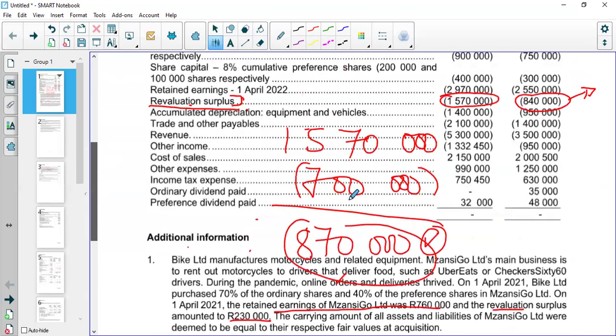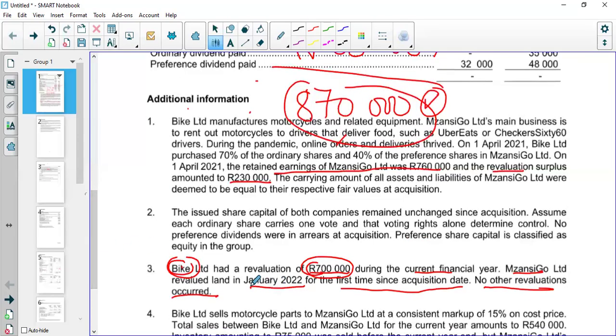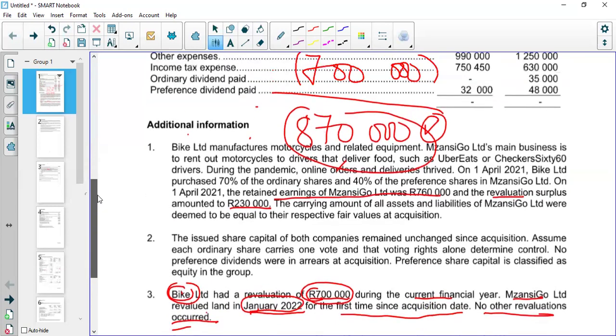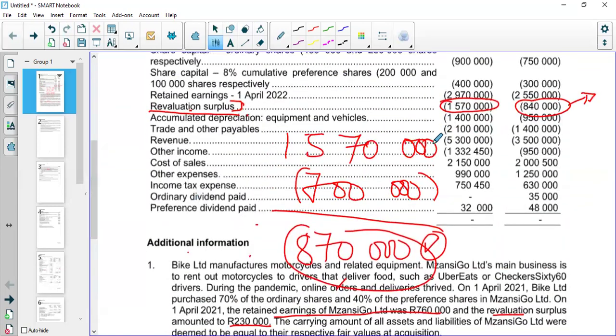But now, because the revaluation was done on January 2022, which is the previous year, there's no revaluation during the current financial year. No other revaluations. So that revaluation from 230 to 840,000, minus 200, was done previously. So it will form part of the opening balances. So that's 610,000.